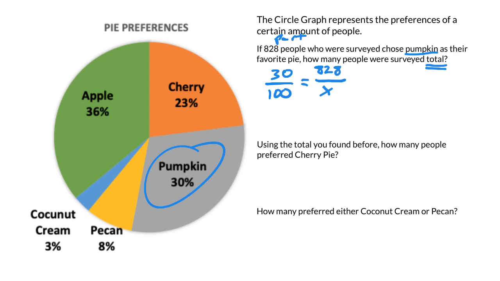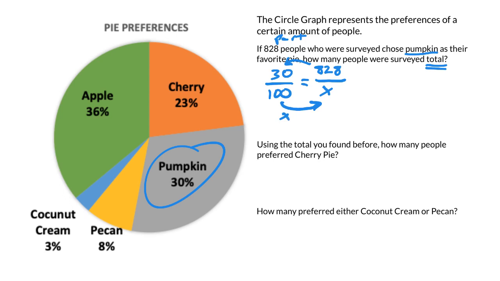So I'm going to find my connecting number here. I'm going to take the 828, divide it by 30. Again, you should be pausing the video and doing the calculations yourself. 828 divided by 30, I get 27.6.